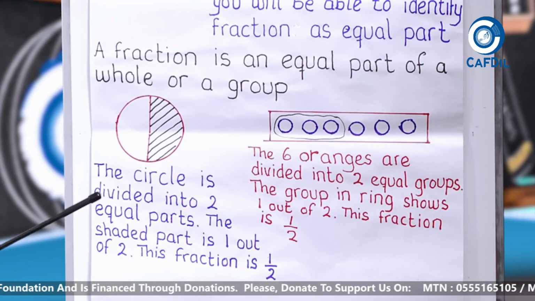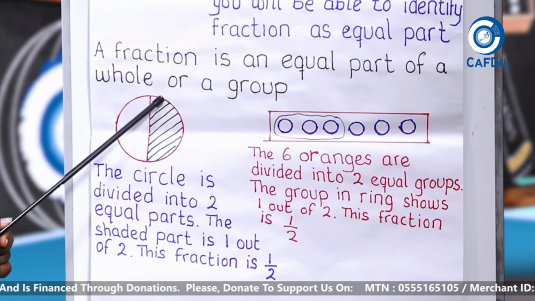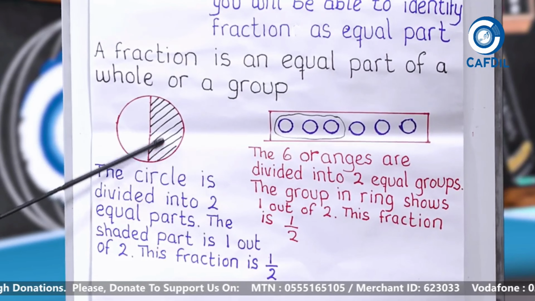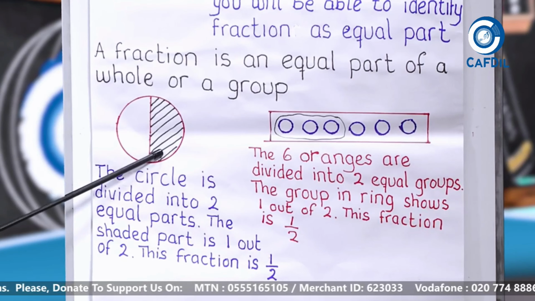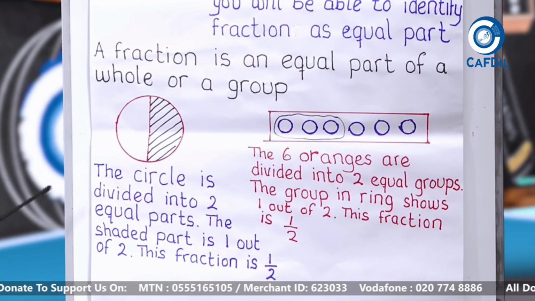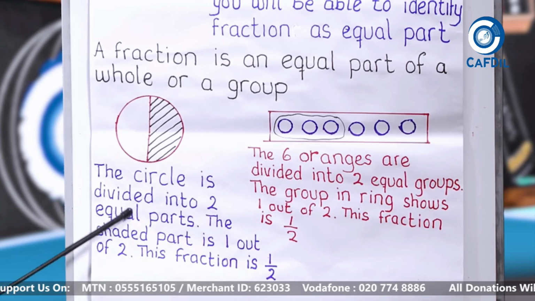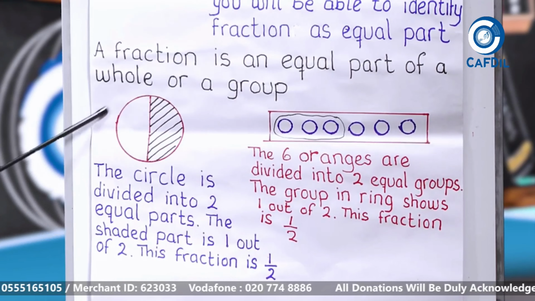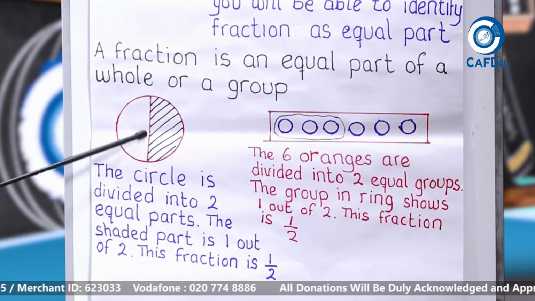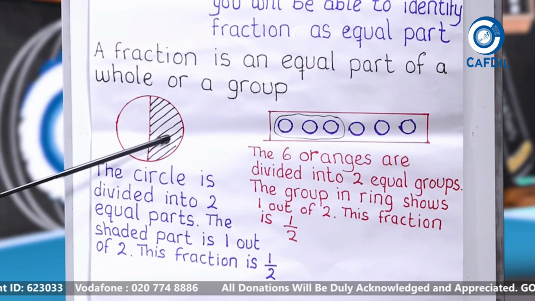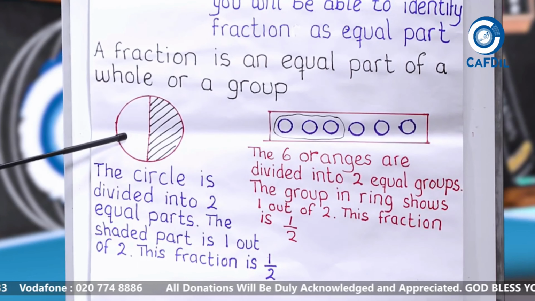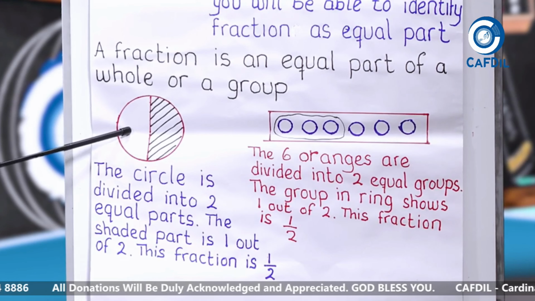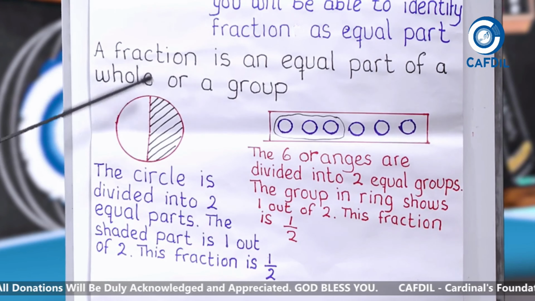And when you look at it, you realize that this one half has been shaded. So we say the circle is divided into two equal parts. So we have one part here and the other part here. This side or this part is the same as this part.